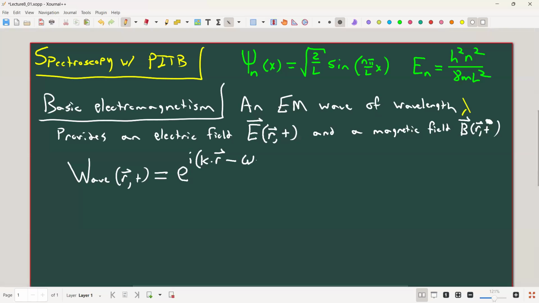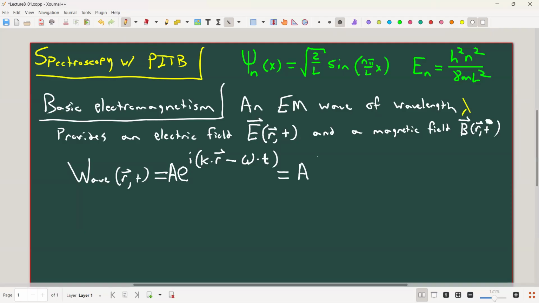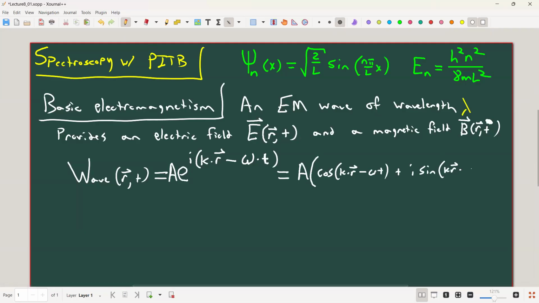And the system oscillates at some frequency omega times time. Okay, and we need to add an amplitude to it, so A, there's some amplitude on the outside. So we have an amplitude to our field. And this is A times cosine of (k r minus omega t) plus i sine of (k r minus omega t). Okay, so we have a complex wave just like we did before.